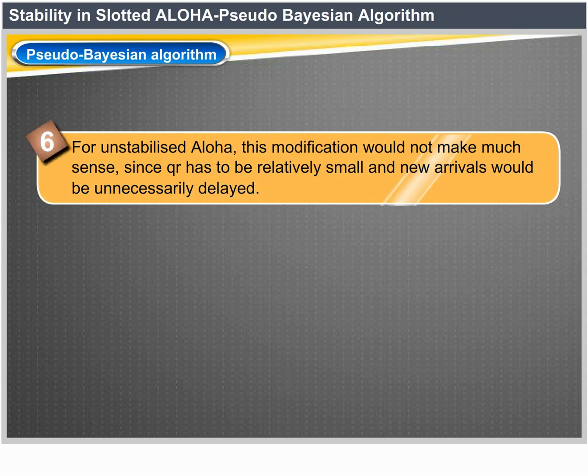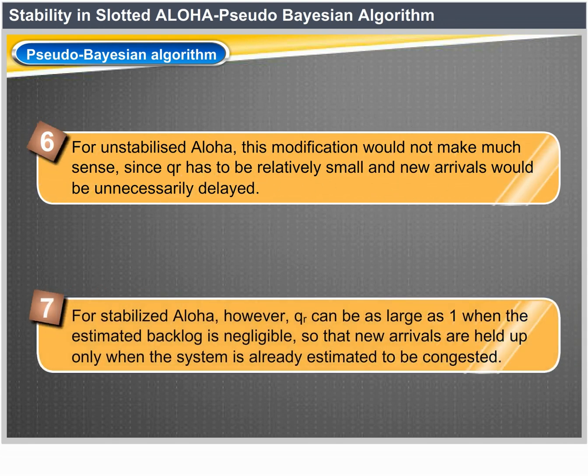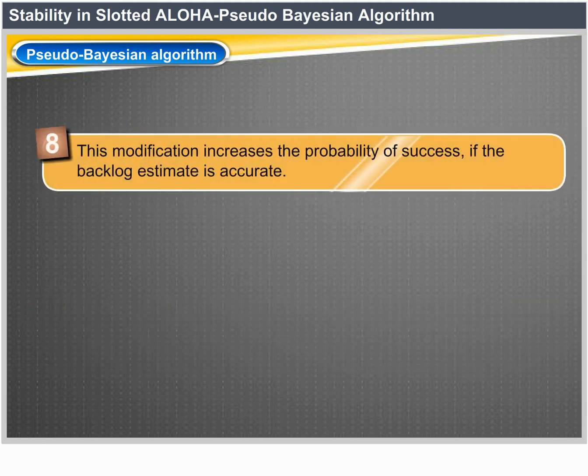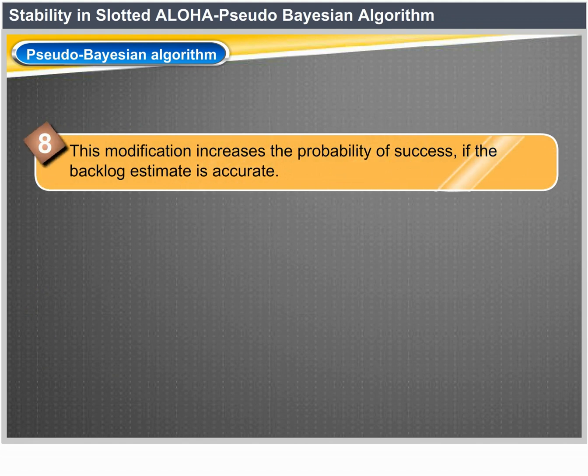For stabilized Aloha, however, q_r can be as large as 1 when the estimated backlog is negligible, so that new arrivals are held up only when the system is already estimated to be congested. This modification increases the probability of success if the backlog estimate is accurate.